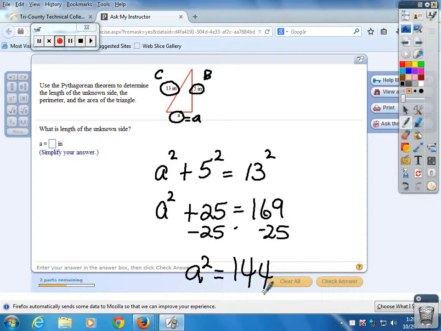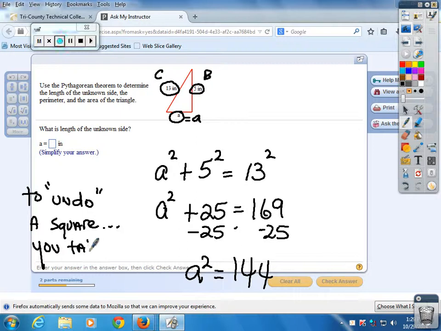Now how do you undo a square root? I'm sorry, I just told you. How do you undo a square? To undo, and I better put that in parentheses because somebody will say that's not proper, to undo a square, you take the square root.